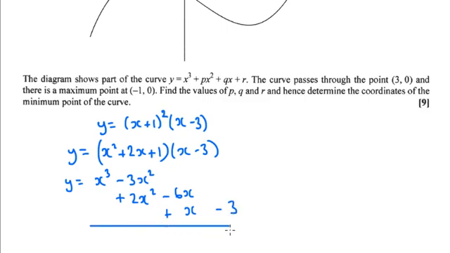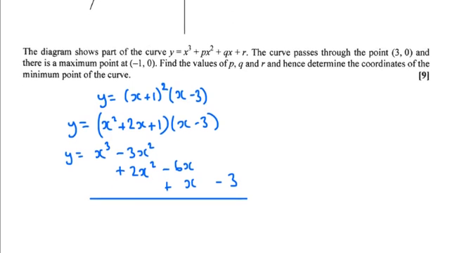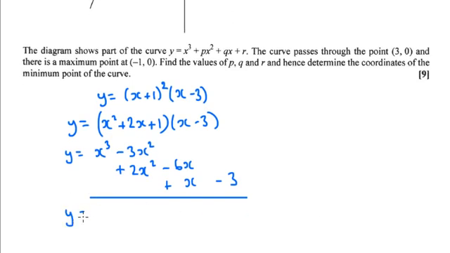And the reason I've written it like that is because you can then just add up the columns and get the full equation: x cubed take x squared minus 5x minus 3. So we straight away, in very few lines, have actually come up with the full equation.